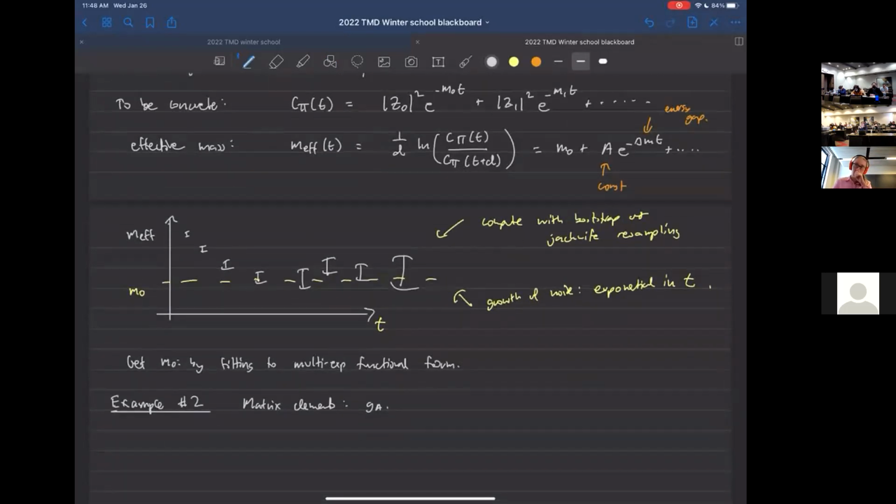Okay, so if we want to calculate G_A, the isovector axial coupling of the nucleon, that's defined by a matrix element, and we can write down its definition.